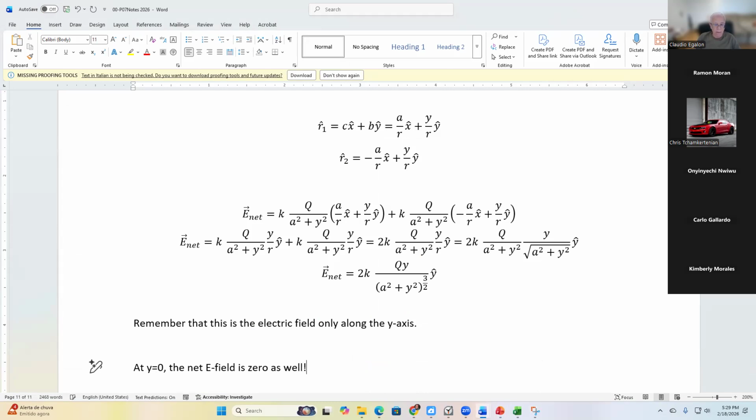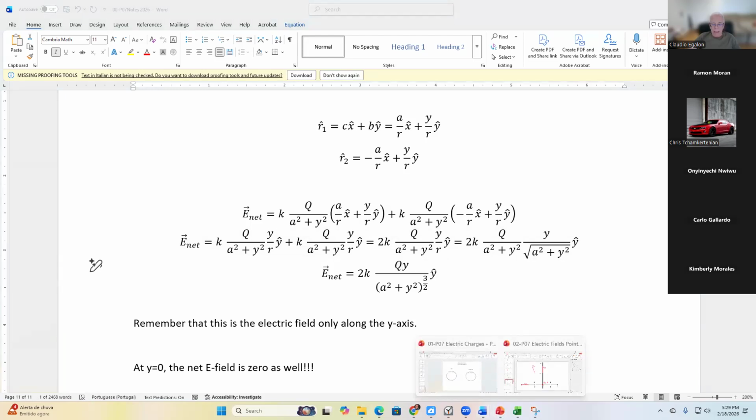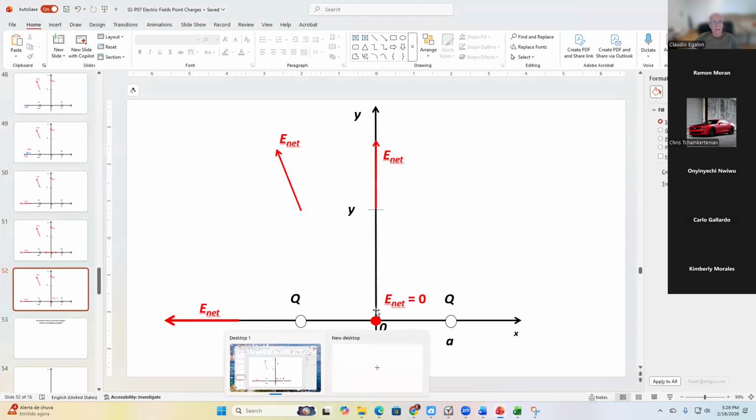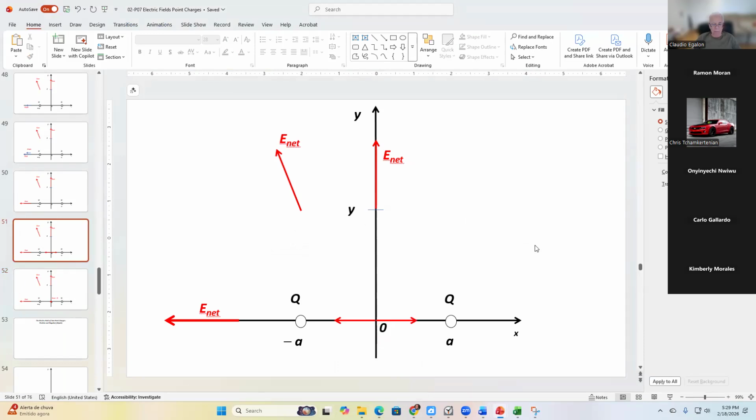We substitute 0 in y, and 0 multiplied by something different from 0 is going to be 0. So we are double checking our equation from the qualitative analysis that we did before.